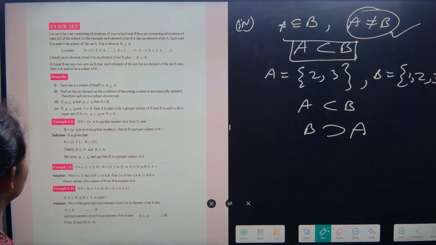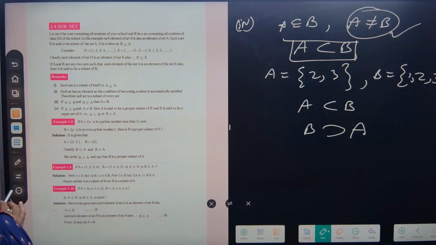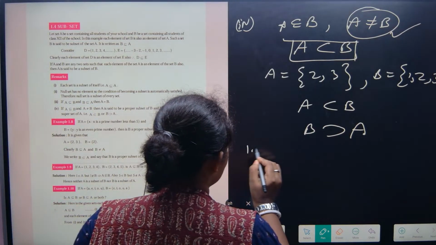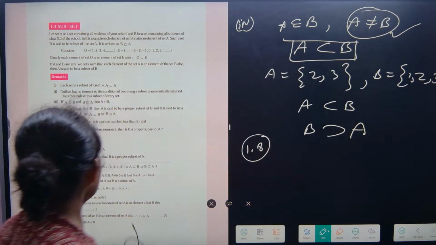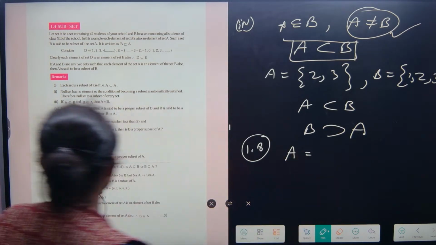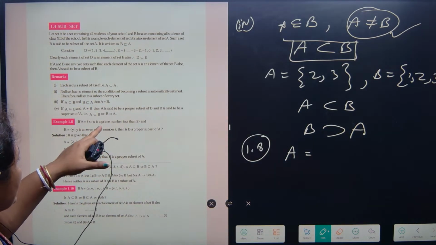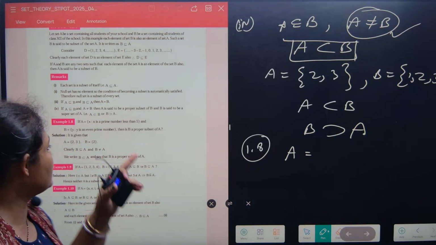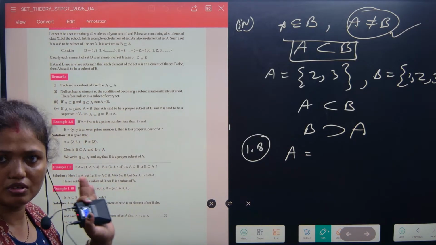Next, in example 1.8, what we have? The set A. What are the elements? X is a prime number less than 5.